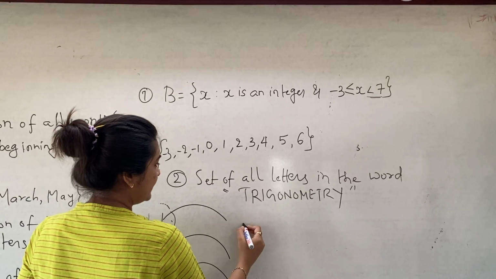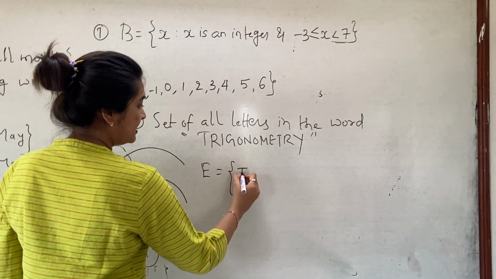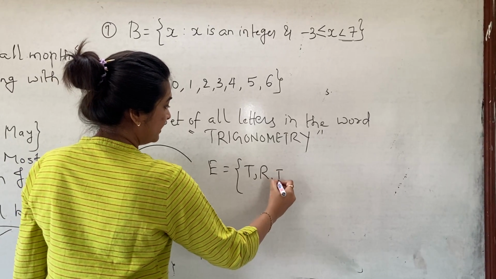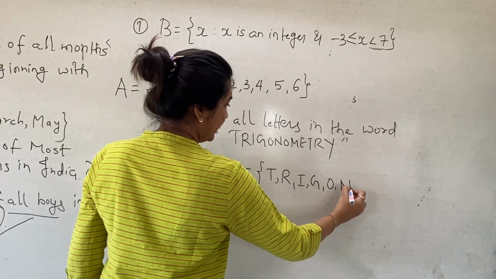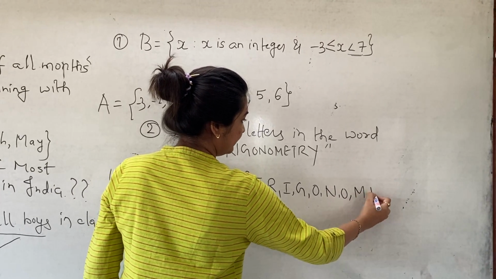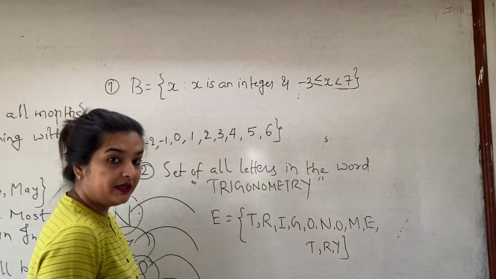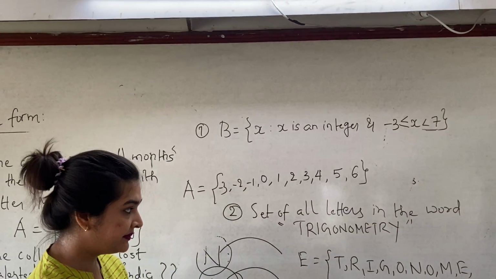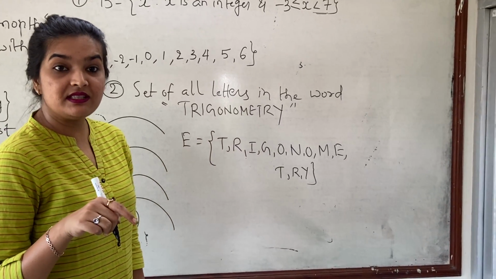Suppose we denote this set by E is equal to T R I G O N O M E T R Y. But I have said that no elements should be repeated in a set.